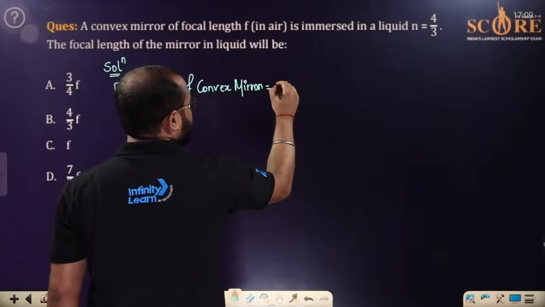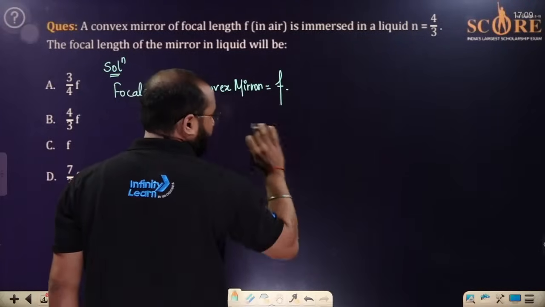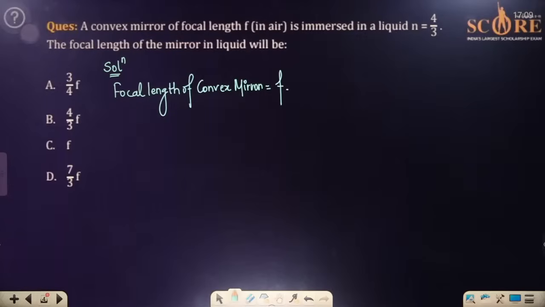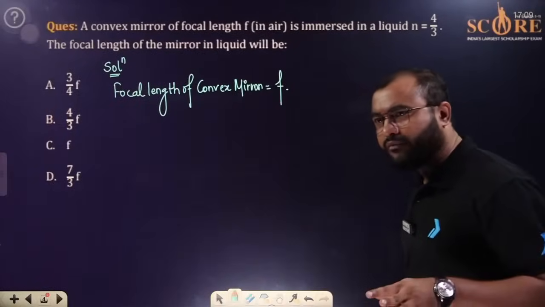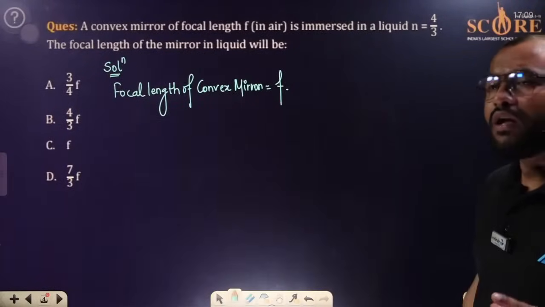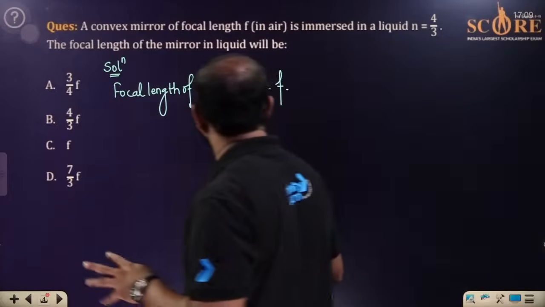It is given as f. In respective of positive and negative, whatever it is going to be, it is f only. You are saying A, Vandana, that is 3/4f. Let us see. So the focal length of the convex mirror is given as f.